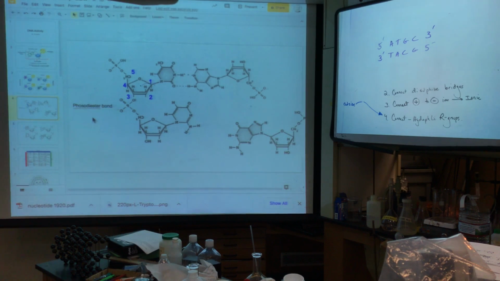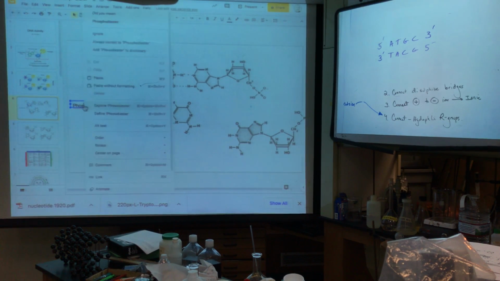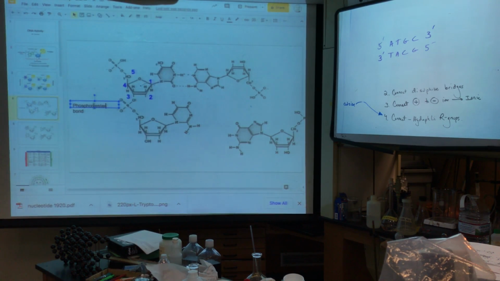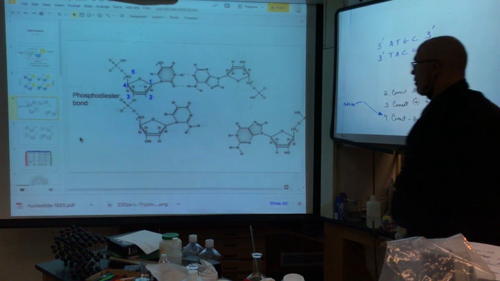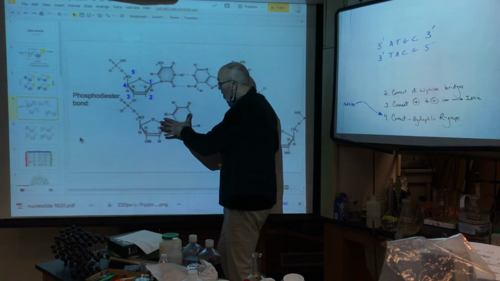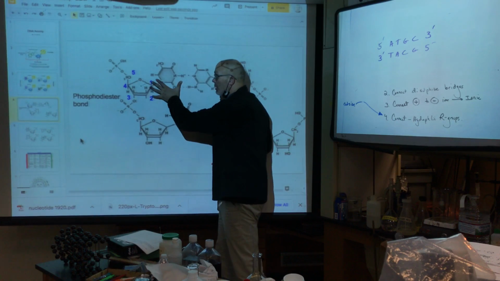Yes, I couldn't spell, sorry. I'll make it bigger. Phosphodiester bond. And that bond, I'll put a little arrow there, but that bond is right here. This is what links one nucleotide to another.